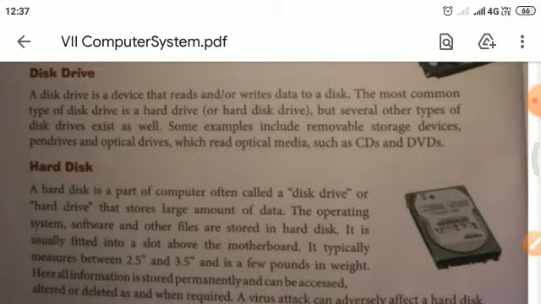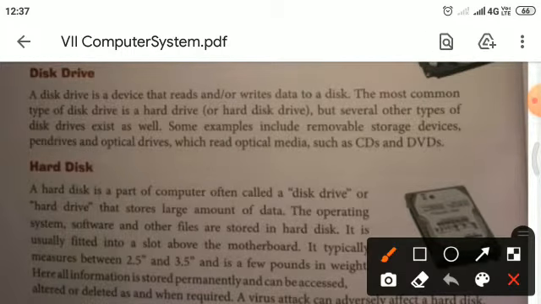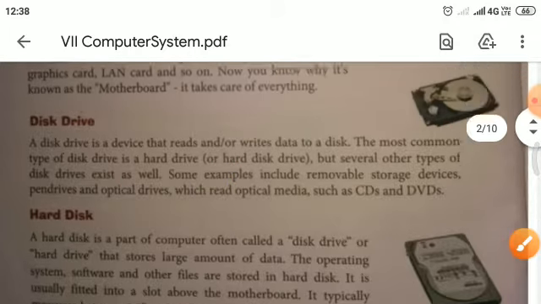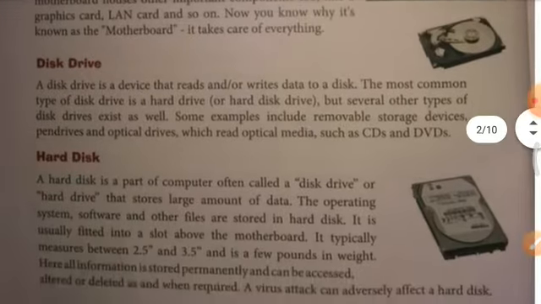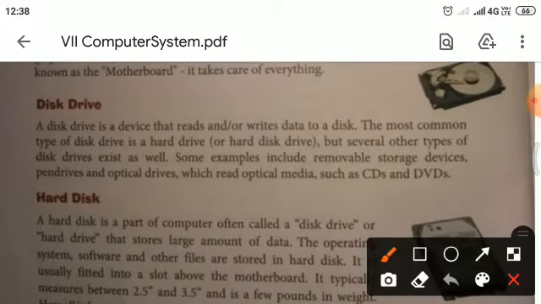The most common type of disk drive is the hard drive, also known as hard disk drive. There are several types of disk drives, like removable storage devices, pen drives, optical drives. Okay students, and now you can also see a DVD drive in this picture. And these are our disk drives.